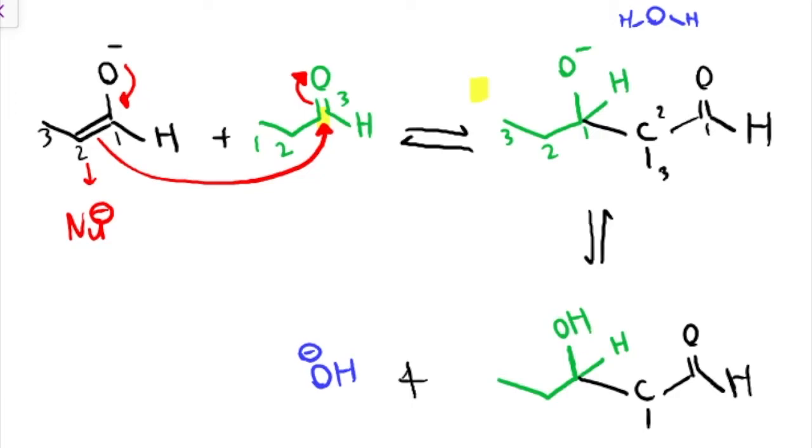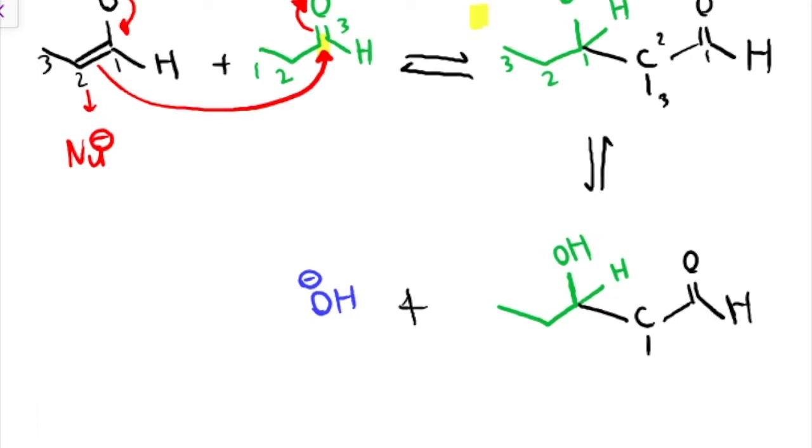Now in the first step, remember, we formed water. So in the last step, we're just going to protonate this oxygen using the hydrogen in water, and this gives us this product right here. And this is often referred to as the aldol product.